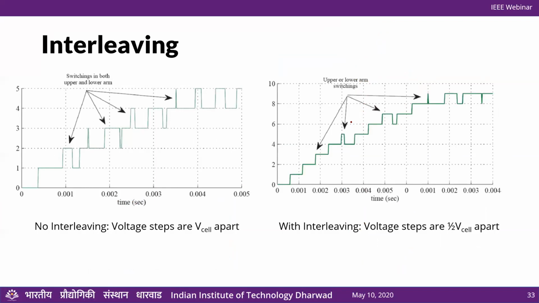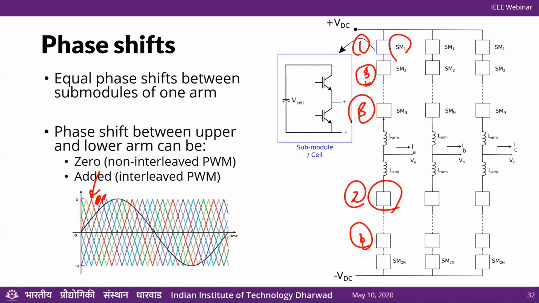So when there is no interleaving, and I leave this as a thought experiment to anyone who wants to look more deeply into this, there'll be one switching on the top arm and one switching on the bottom arm simultaneously, always.